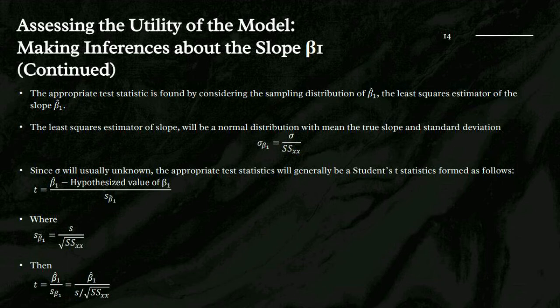Since sigma will usually be unknown, the appropriate test statistic will generally be a student's t-statistic, t equals beta 1 hat minus the hypothesized value of beta 1, divided by sigma beta 1 hat, where sigma beta 1 hat equals s divided by the square root of SSxx. If we substitute this into the t formula, we get t equals beta 1 hat divided by s over the square root of SSxx.